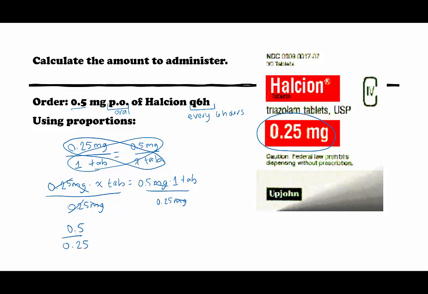Well, if you're not sure, we need to get that decimal out of the denominator, so we're going to move it over twice, that's secretly multiplying by 100. That gives us 50 divided by 25. Aha, 50 divided by 25 is 2. This indicates to me that we need to administer 2 tablets to get the desired amount. So that was using proportions.